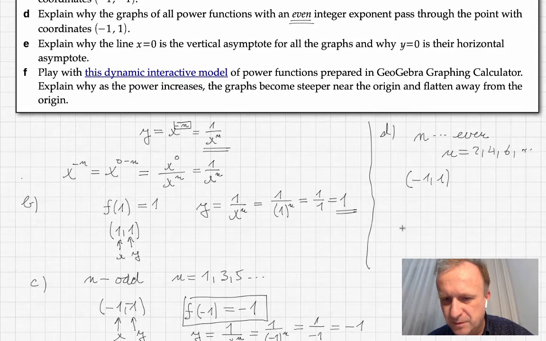To show that, it suffices to prove that function value f of -1 equals 1 in such a case. Okay, so let us do that.